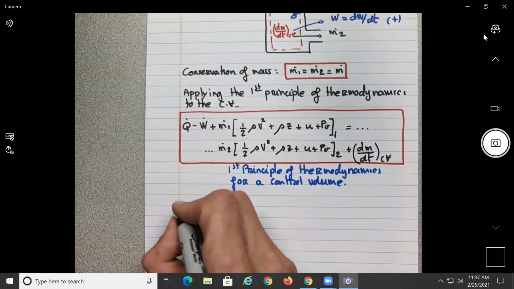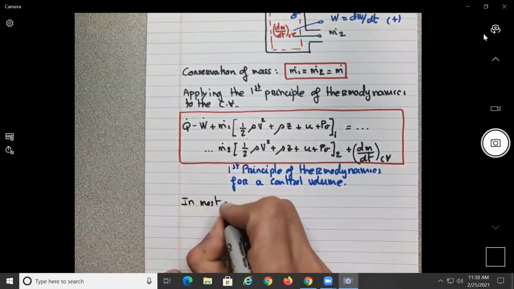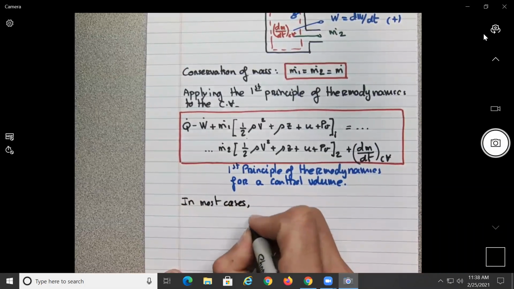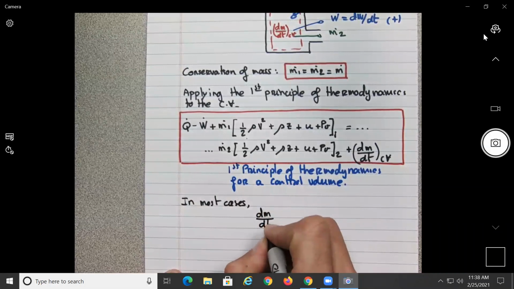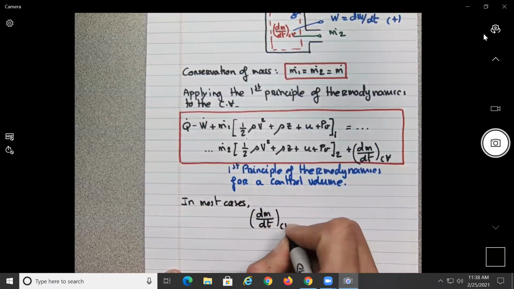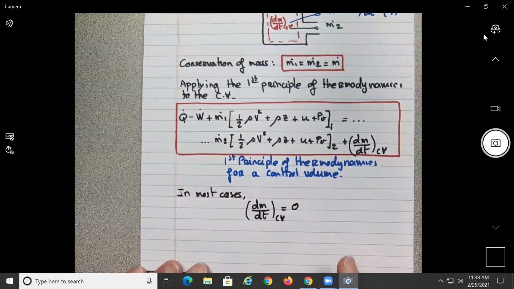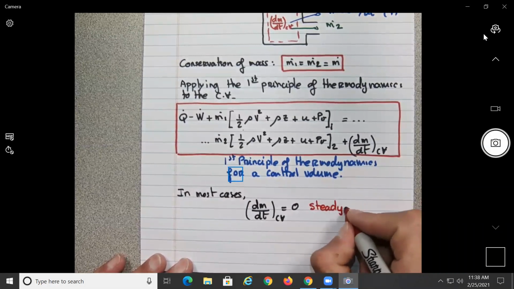In most cases, what do we have? We're going to have dm/dt of the control volume equal to 0, and this will mean we are studying the system at steady state.